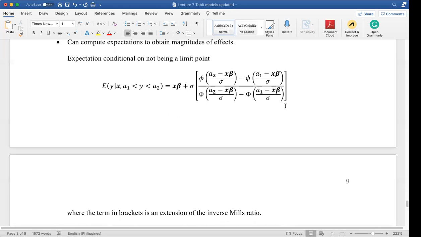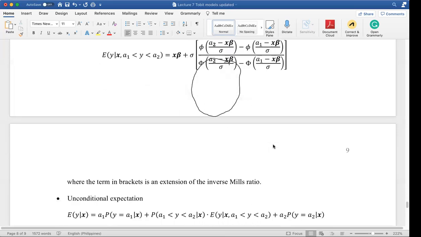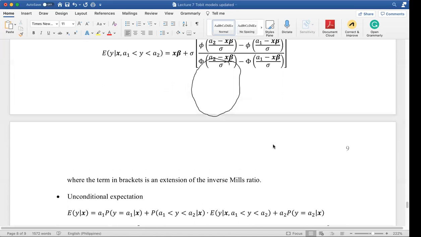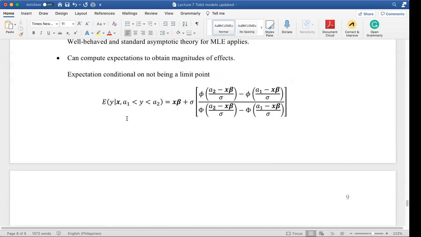For the earlier inverse Mills ratio, we just had one term. But now when we have two limits, then we have two terms in the numerator and the denominator. So that's the conditional expectation, assuming y is not a limit point.